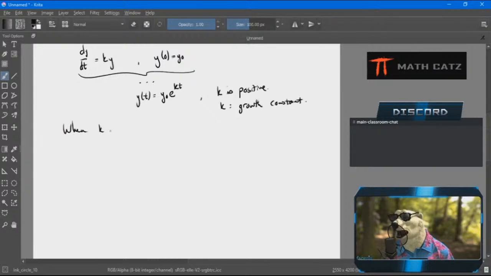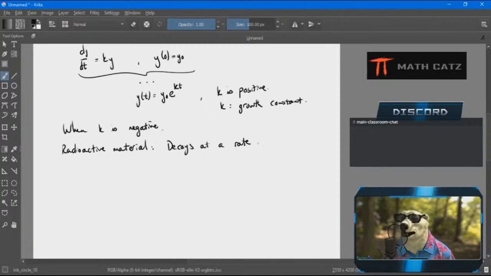When k is negative, often if we look at radioactive material, various radioactive substances, there the substance decays, becomes less at a rate that is also proportional to the amount left at that time.